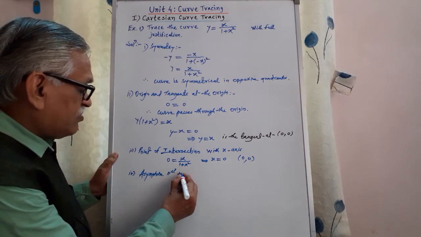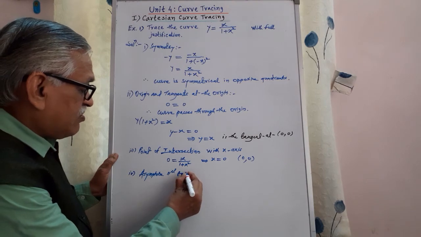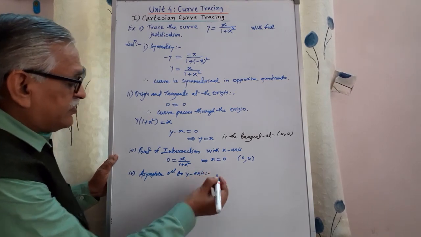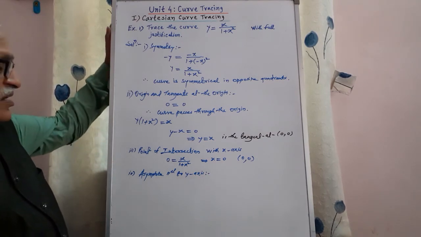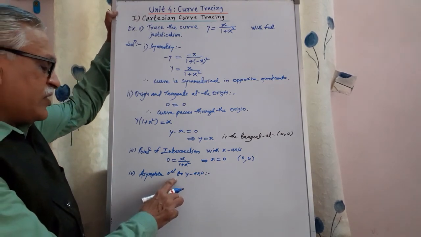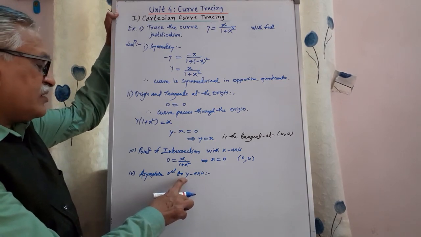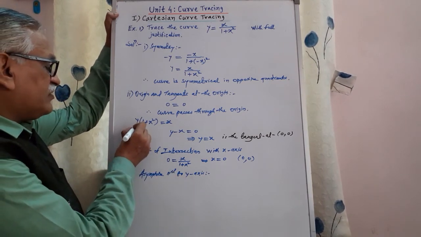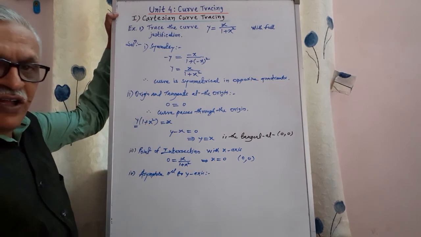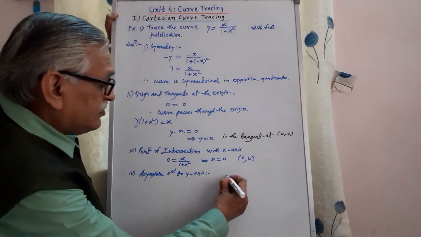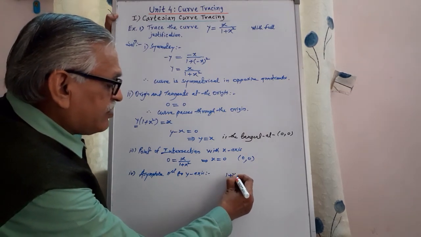First, parallel to y-axis and then parallel to x-axis. If we have to find the asymptote parallel to y-axis, find the highest degree term in y. It is y only, one term. Its coefficient is 1 plus x square.